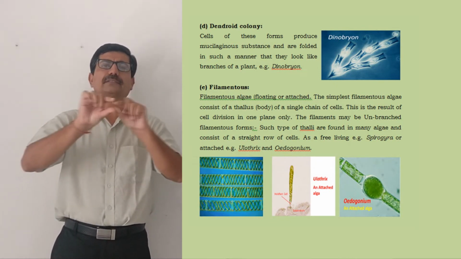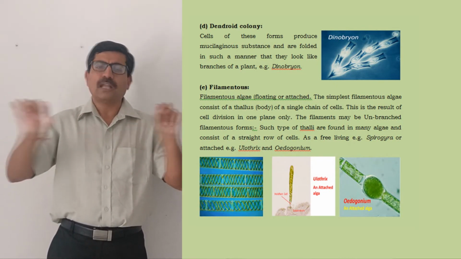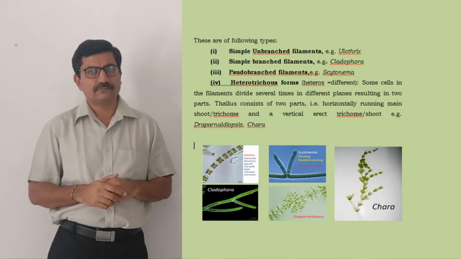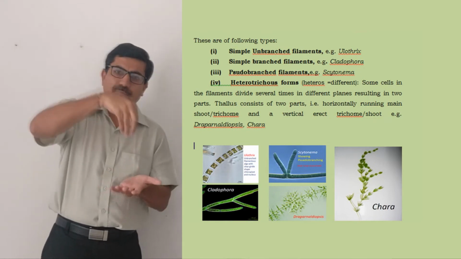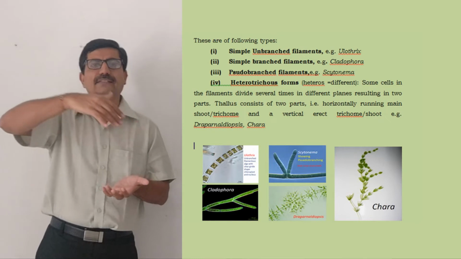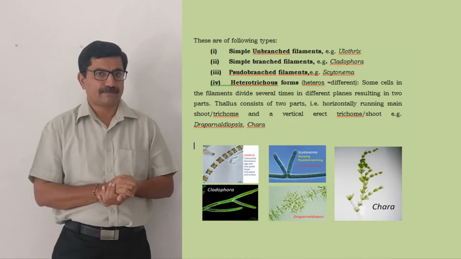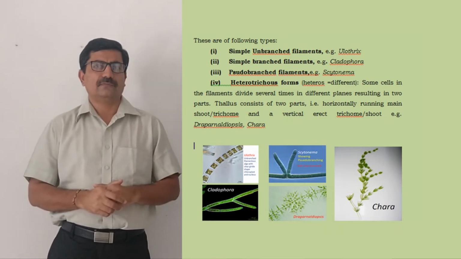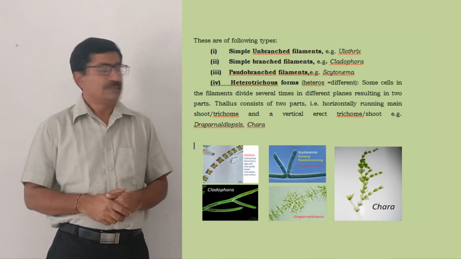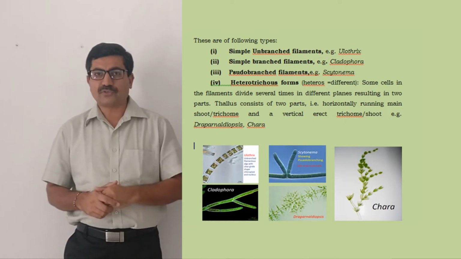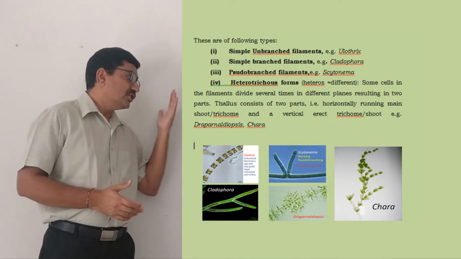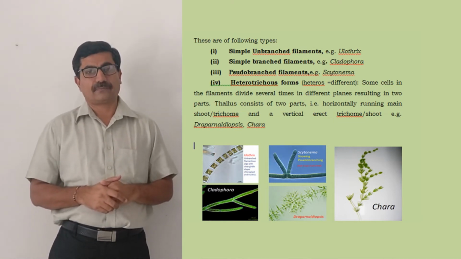Filament simply means a thread shape. Either the filament is free floating on water, or it may be attached to a substrate, either soil or some surface, with some floating parts. On the basis of the filaments, they are again divided into subtypes: simple unbranched filament, simple branched filament, and pseudofilaments.